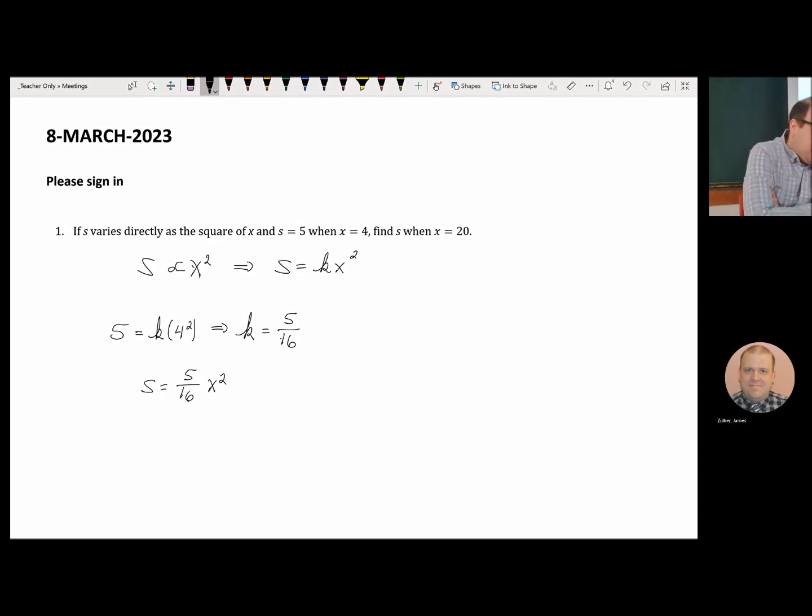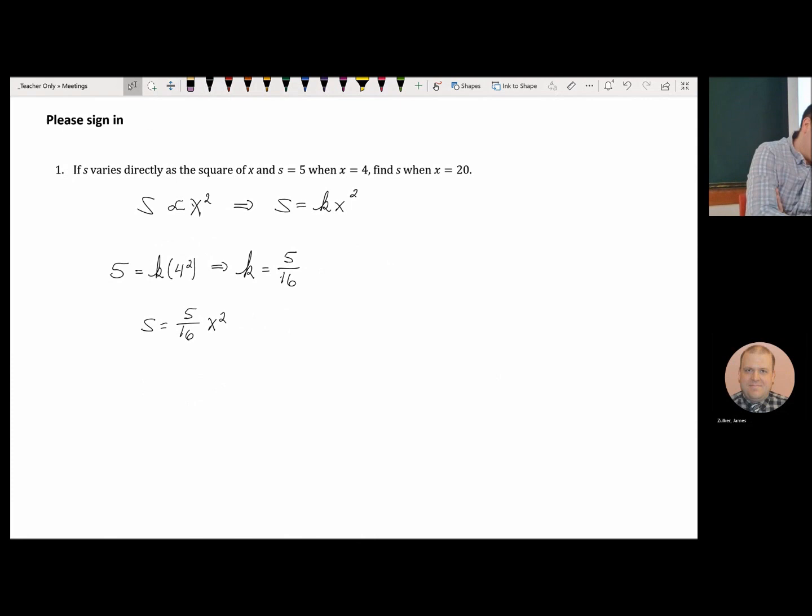Now, what is S when X is 20? 20 squared is 400. Divide by 16, it's 100 over 4, which is 25, and 5 times 25 is 125.